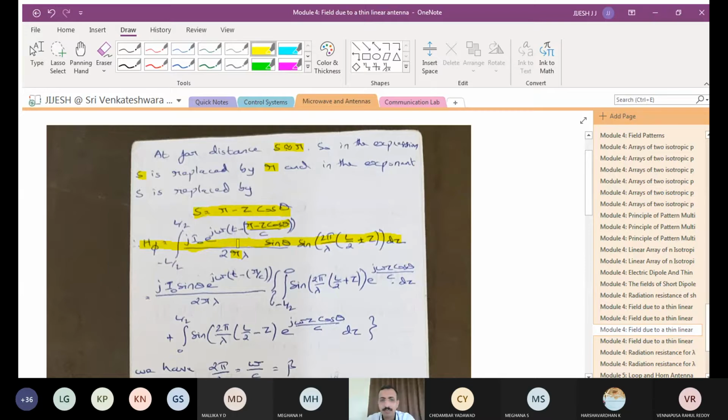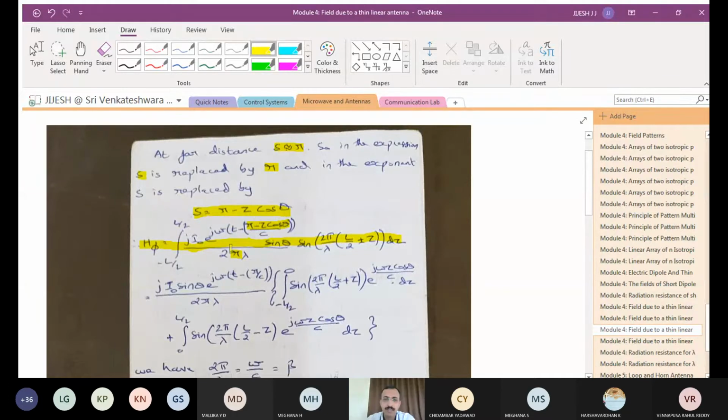So let us replace this. We have replaced S with R, and when we do that, we get, from minus L by 2 to L by 2, j I naught e to the power of j omega t minus, where S is replaced as R minus Z cos theta, wherever it is in the exponent, divided by c, sin theta sin 2 pi by lambda times L by 2 plus or minus Z dz.